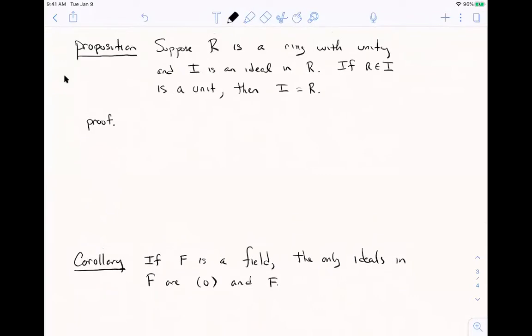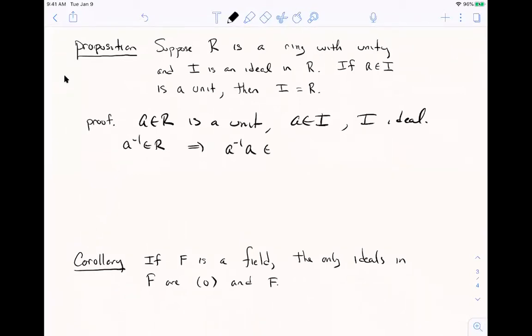So let's take the hypothesis that we've got a ring, we've got a unit, we've got an ideal, and let's suppose that A is a unit. It belongs to this ideal called I. Well, if A is a unit, then its inverse is an element of R. And so if I multiply A by its inverse, I get an element of I because I is an ideal.